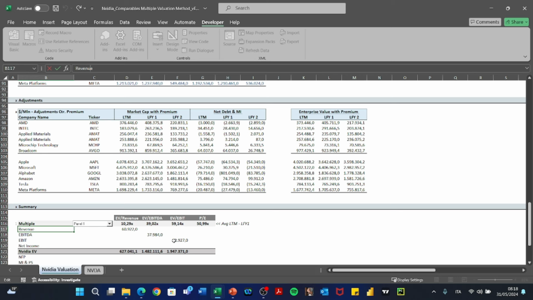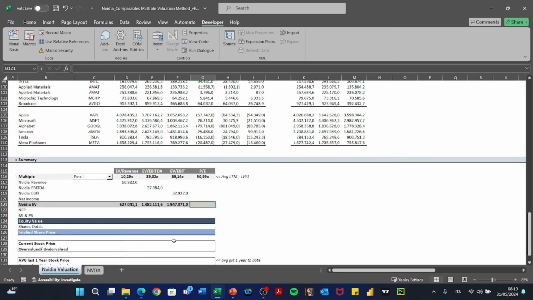Let me just make the model more clear. Okay, this is the Nvidia enterprise value calculated through the comparable company methodology.